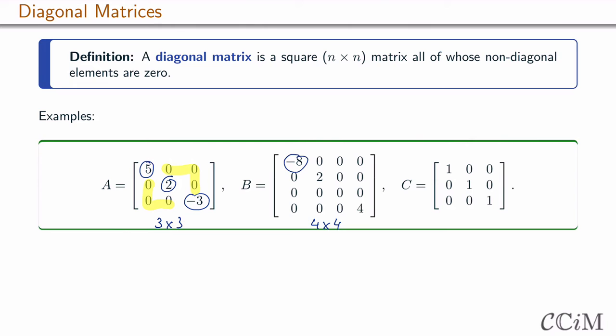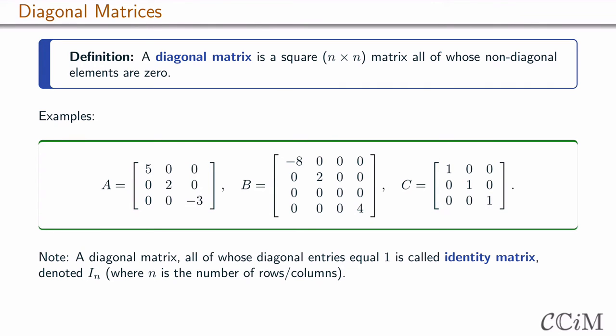The diagonal elements are right here. One of them actually happens to equal 0, but that's allowed as long as the non-diagonal elements are all equal to 0. And the last example is again a 3 by 3 matrix. The diagonal entries are right here, and everything that's not on the diagonal equals 0.